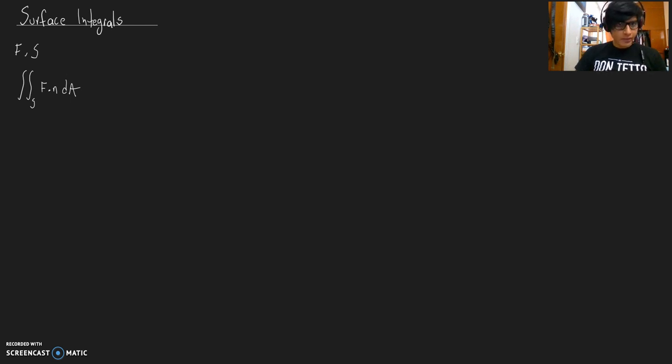However, there's another way of writing this integral. We can also describe it as follows. The double integral over a region R, that's actually a surface, of the vector function F evaluated at r(u, v), and its dot product with a normal vector that depends on u and v, du dv.